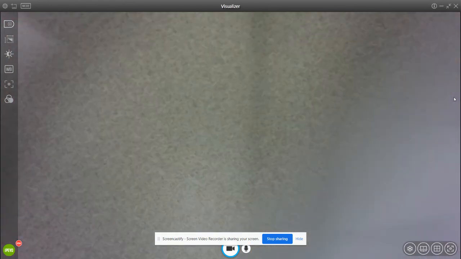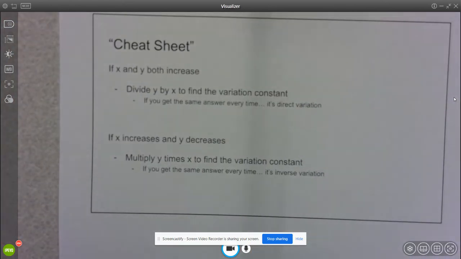So just as a little cheat sheet or kind of rule to follow, if x and y are both increasing or both decreasing, I'm going to divide y by x to figure out what the variation constant would be. And if it's always the same answer, then it's direct.